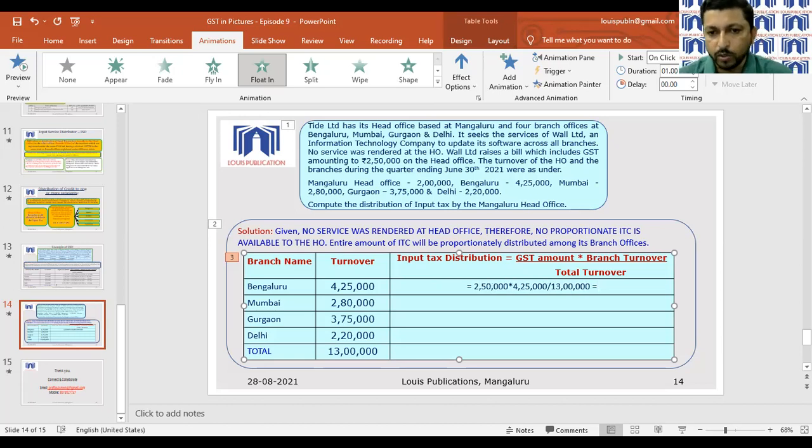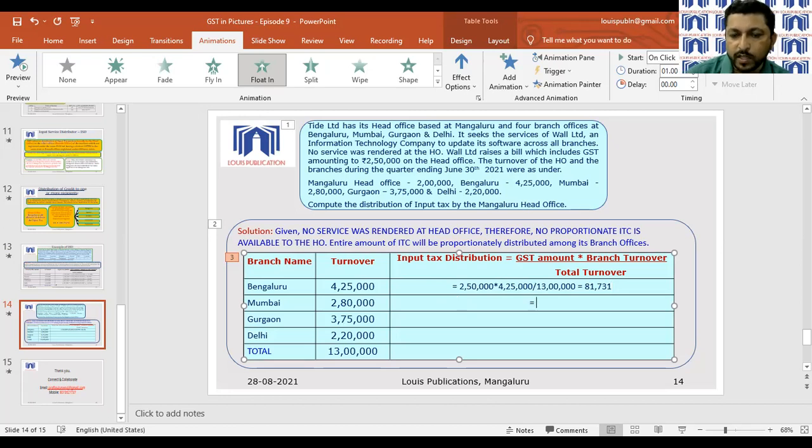That will be equal to. So let's do the calculation. I take 2,50,000 into 4,25,000 divided by 13 lakh. It will work out to 81,731. So let's find out.